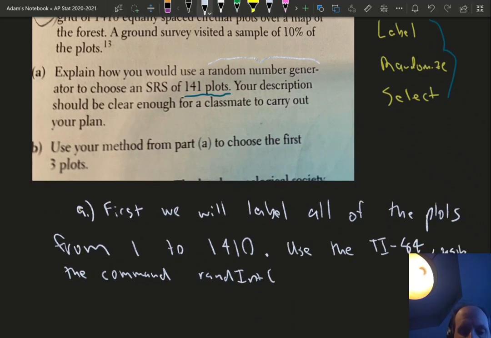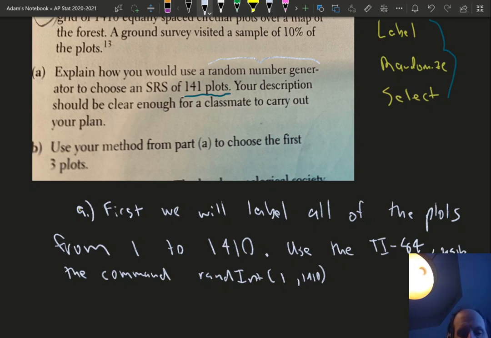You just want it to come up with a random integer, and you choose the two numbers, the minimum and the maximum of what you're looking for. So in this case, we want something between 1 and 1410. This gives you the whole range of values we're using. Okay, so no problem.